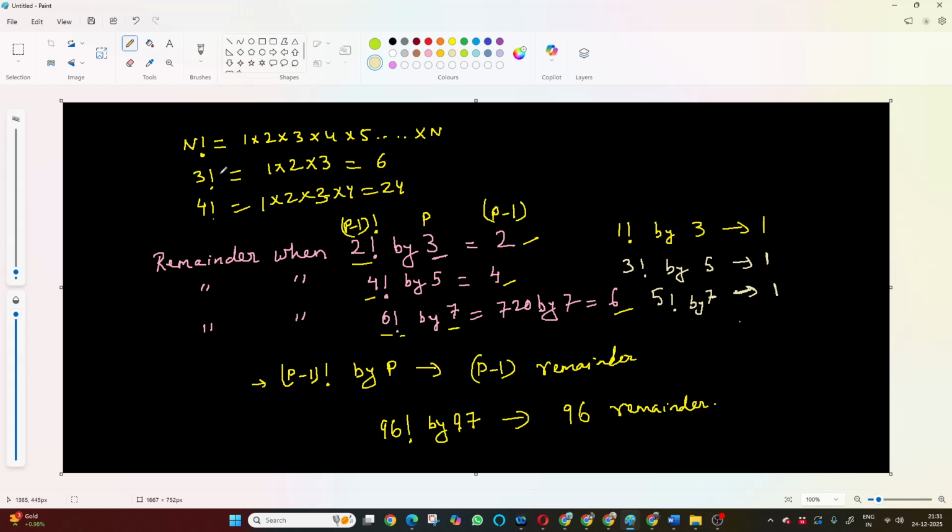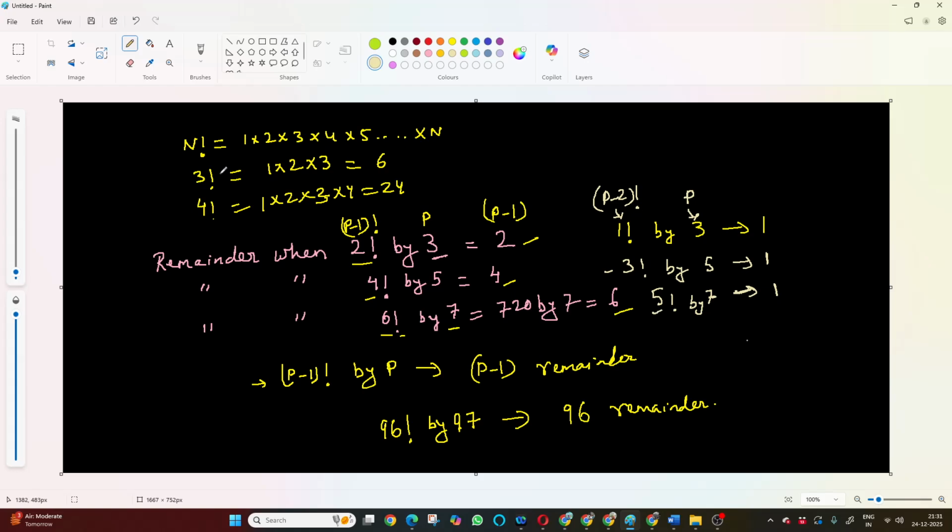So now we are getting an interesting pattern. See the difference between the factorial here and this divisor here. Basically, if we are dividing by p, and this is p minus 2 factorial, then the remainder is always 1 in every case. Here also, this is p, this is p minus 2.